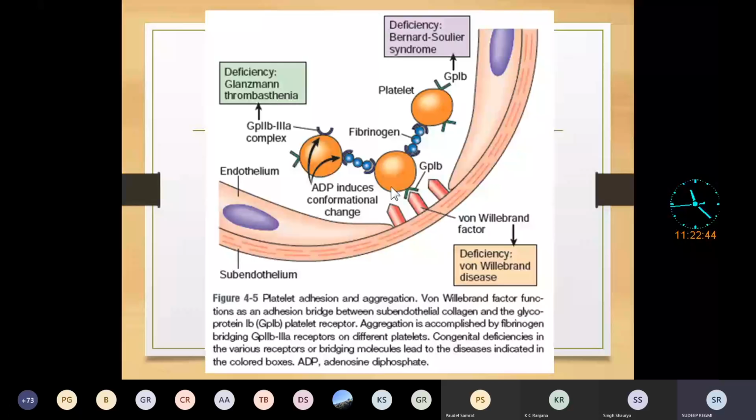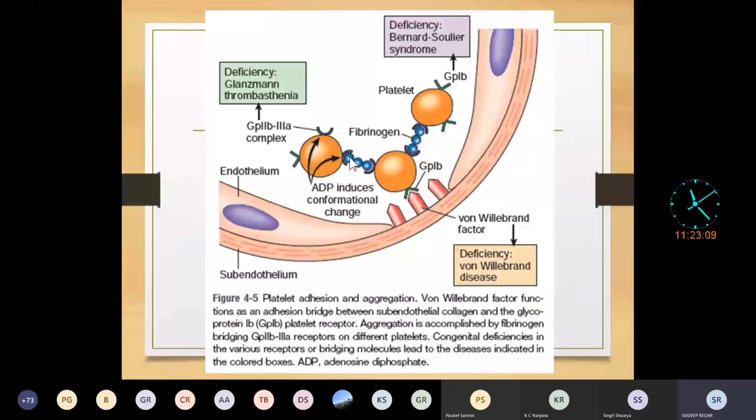They will be exposed, and platelets will come and bind with the help of GP1B receptors. Platelets also have glycoprotein 2B3A receptors, and they will aggregate after the adhesion of the platelet.